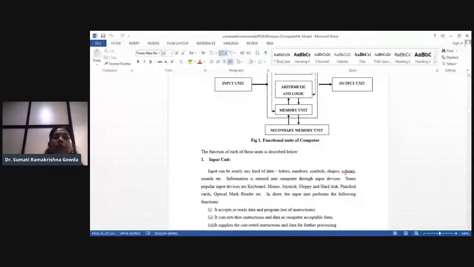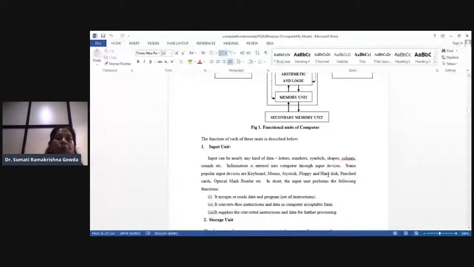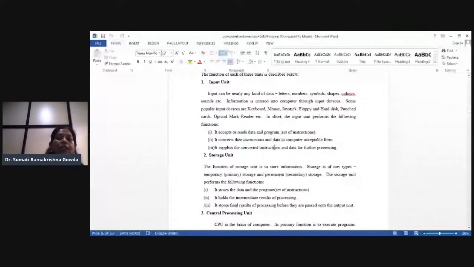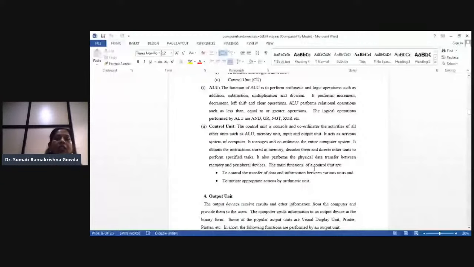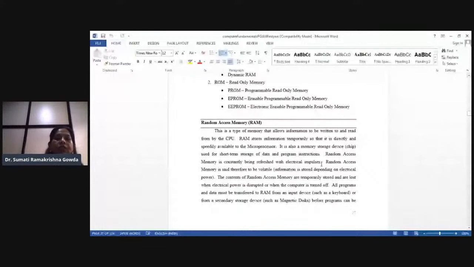So the secondary memory unit. What are these secondary storage devices? All that I will explain in tomorrow's class. Input unit means what? Storage unit means what? CPU means what: the arithmetic logic unit, control unit. All this tomorrow we will study, students. RAM means what?